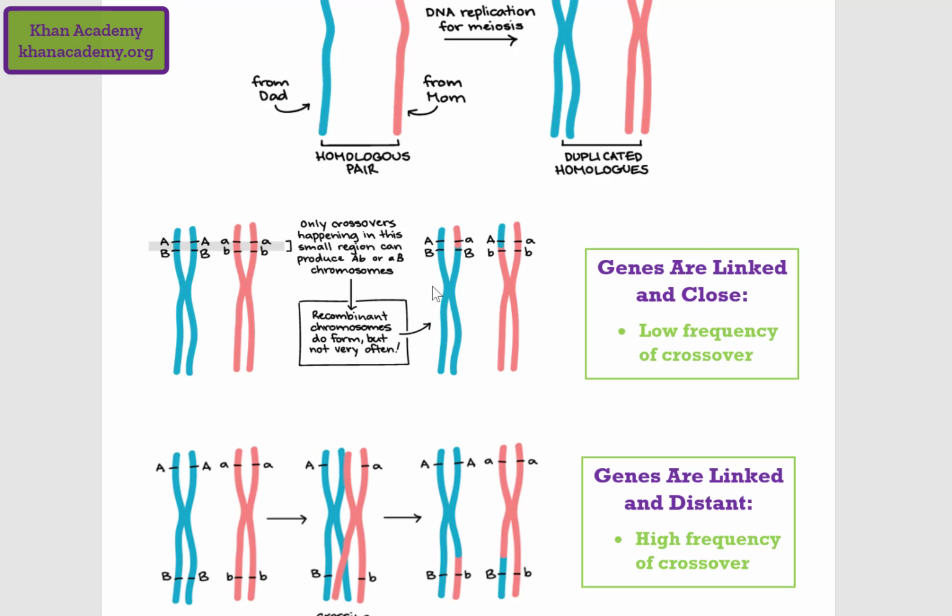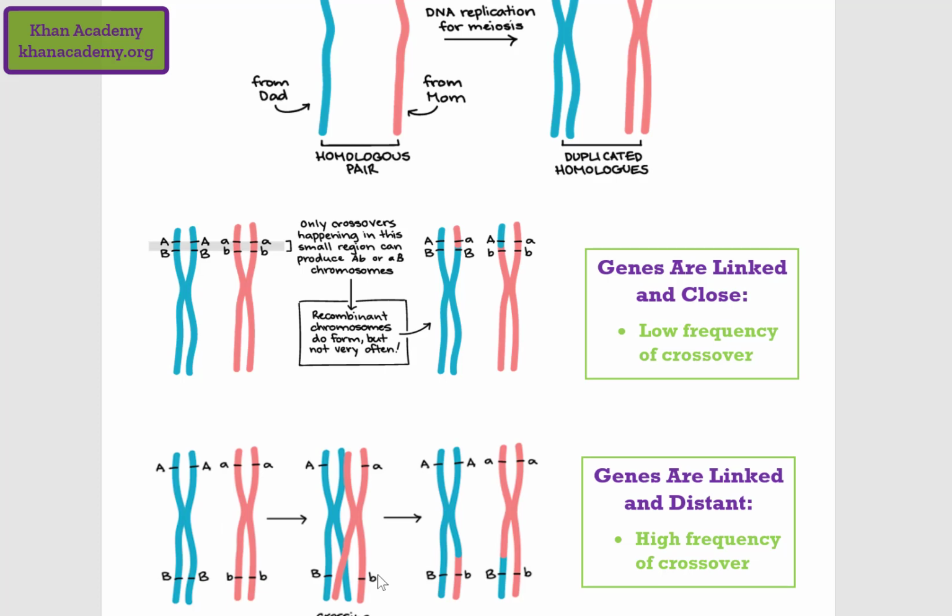Because remember, the gametes will be haploid, and they'll only have one copy of each duplicated chromosome and only one of the homologous pair. So all of the gametes will have the sister chromatids that have been separated into the daughter chromosomes.